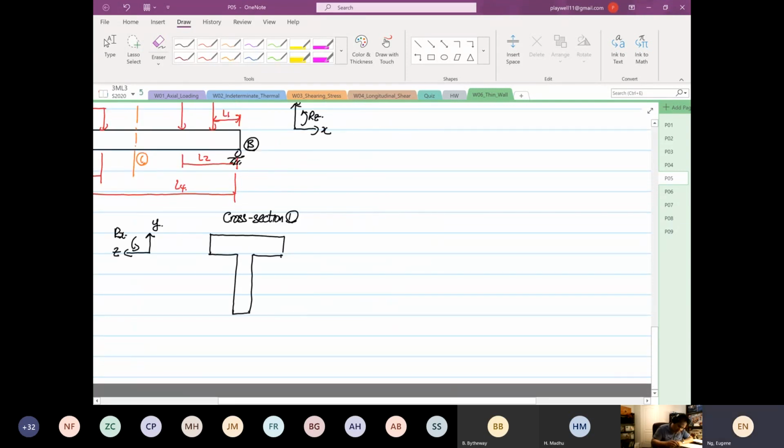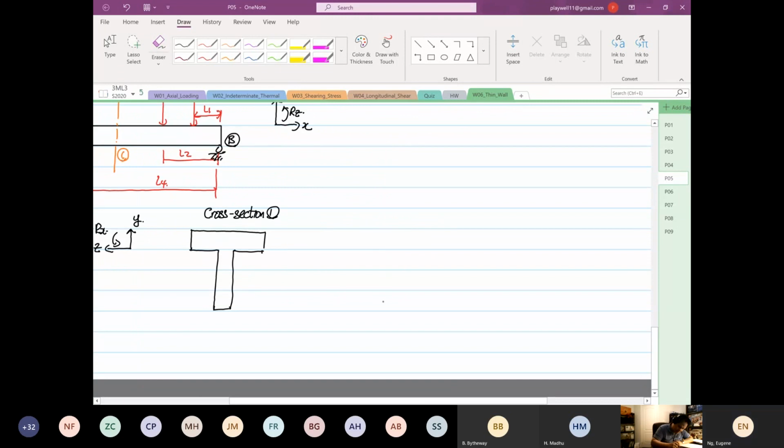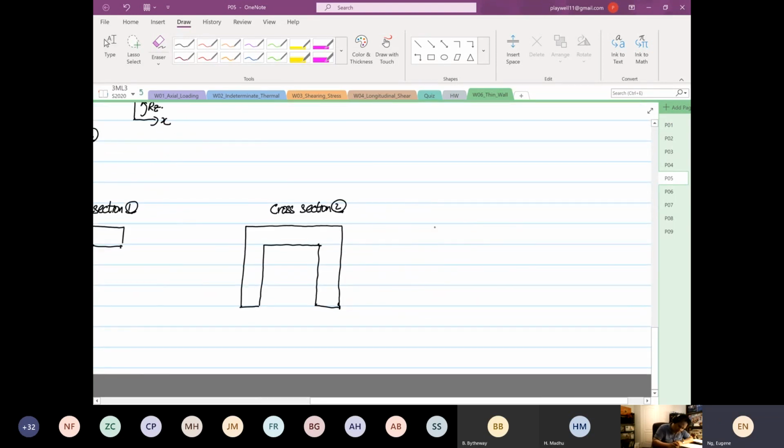Then we have cross section number 2. And then we have cross section number 3.